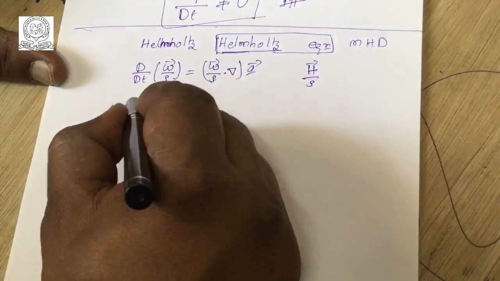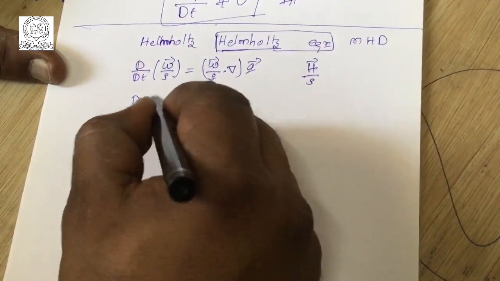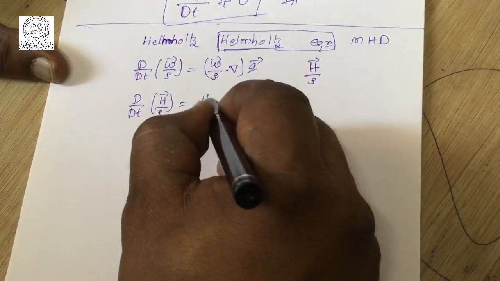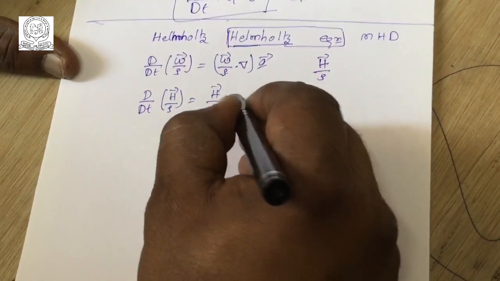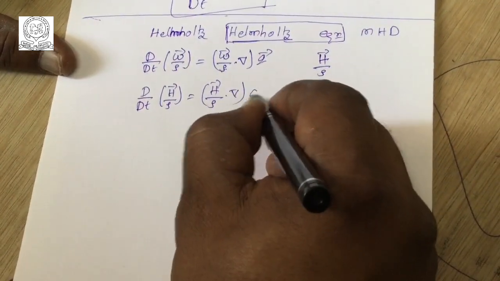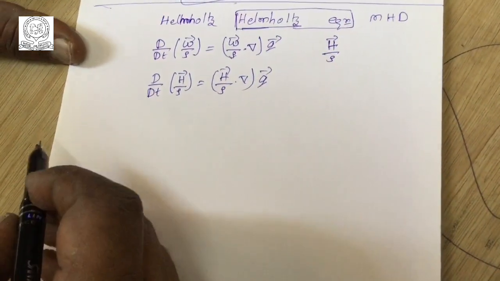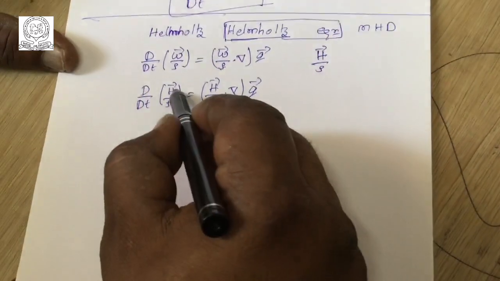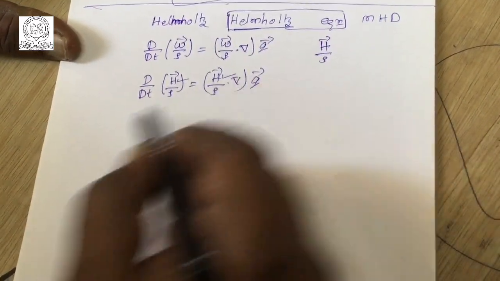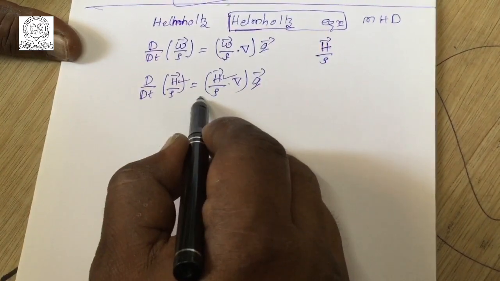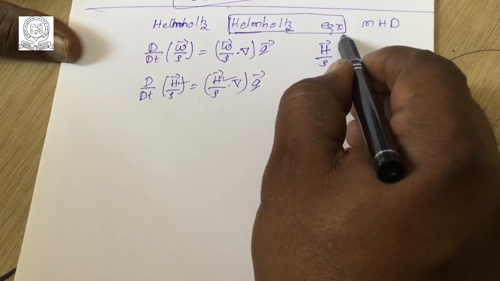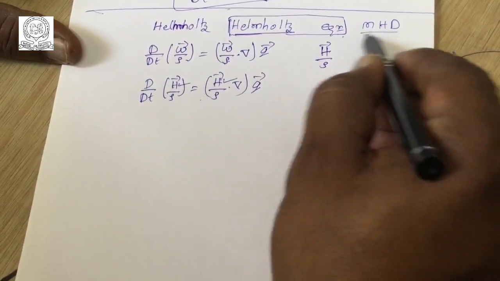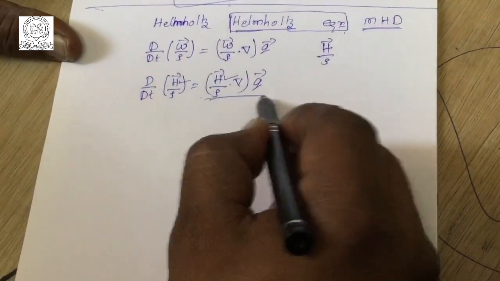We have to show d by dt of h by rho is equal to h by rho dot del of q, so q is unchanged. Instead of the vorticity vector, we have taken only the magnetic field, meaning the magnetic field also satisfies the vorticity equation. That is the so-called Helmholtz equation in MHD. We have to derive this equation.